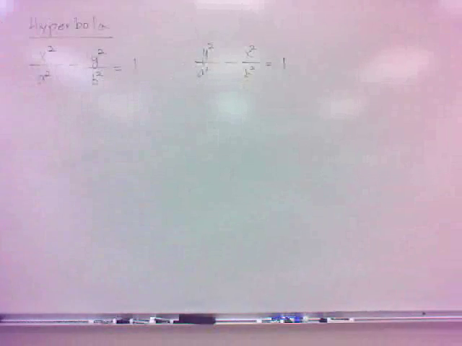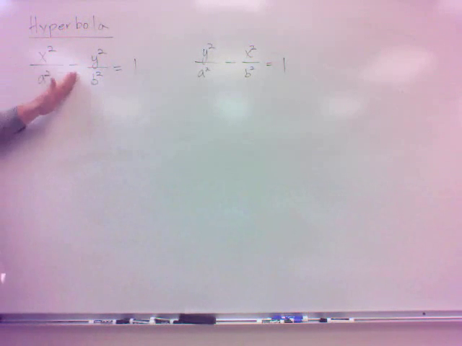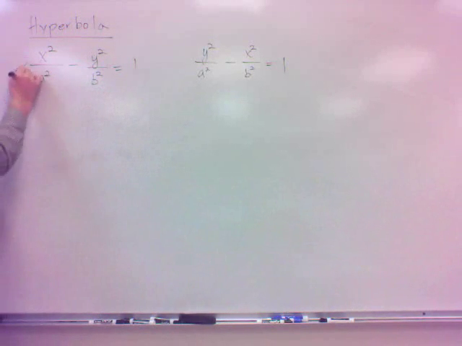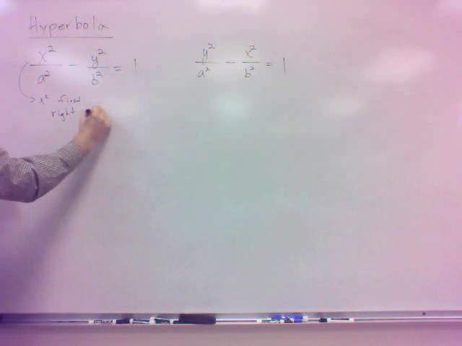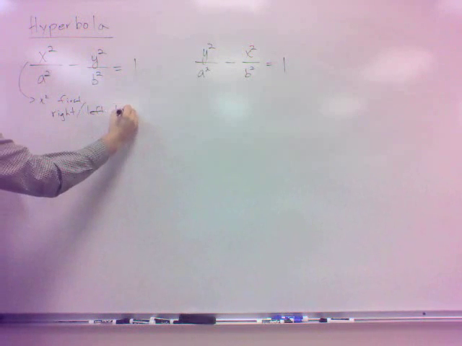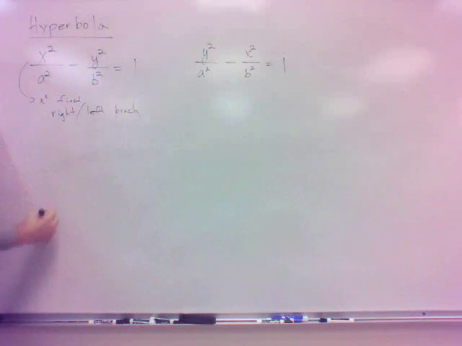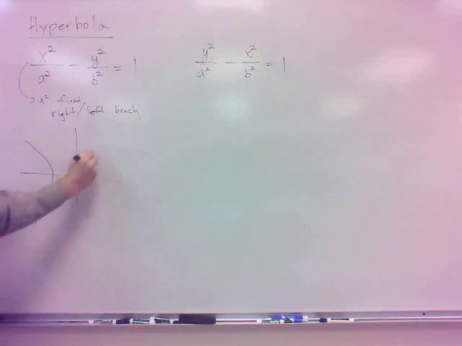We have the y, and it's really all about which is first, the x squared first or the y squared first. If it's the x squared first with the minus between them, that is the right and left branches, okay? So we'll have this, the right branch, and we'll have a left branch.